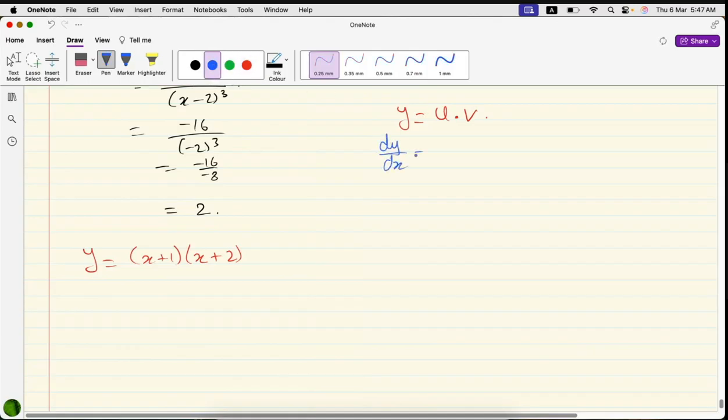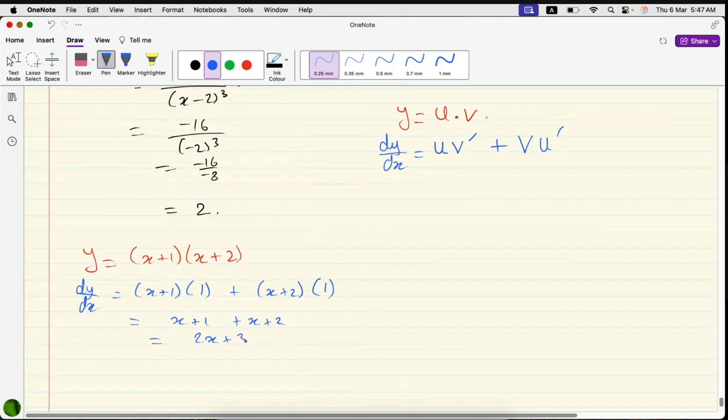So dy by dx is first function into differentiation of second plus second function into differentiation of first. Following that rule, it simplifies to x plus 1 plus x plus 2, which ends at 2x plus 3.